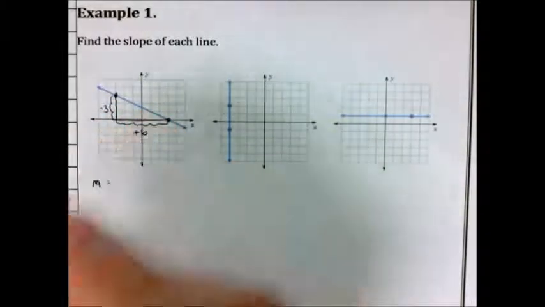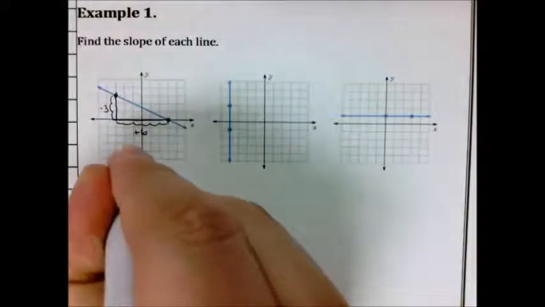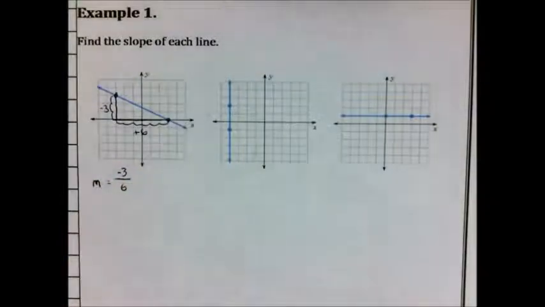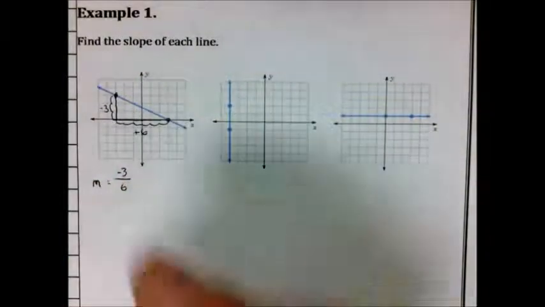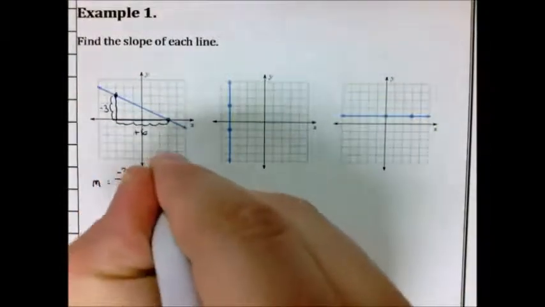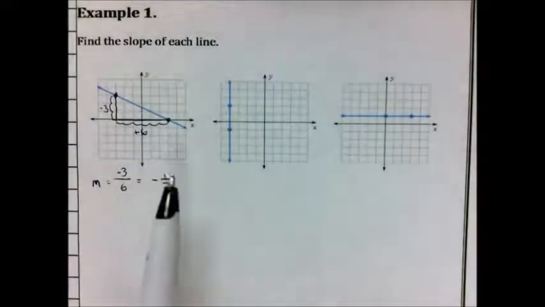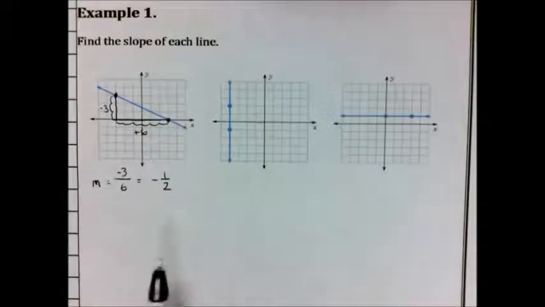We're going 6 over. So our rise over our run, that ratio, is -3 over 6, which we could reduce to -1 over 2. So the slope of this first graph is -1 over 2.